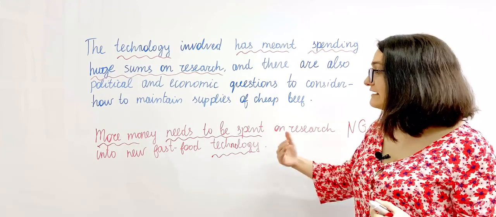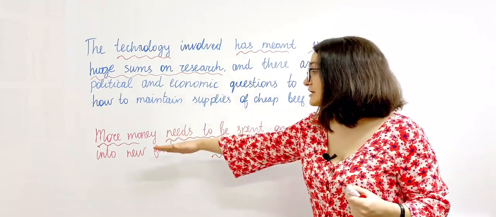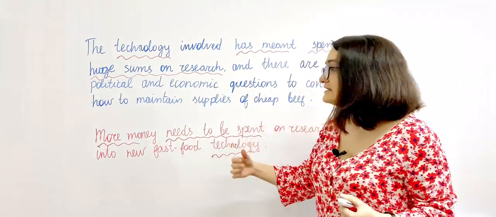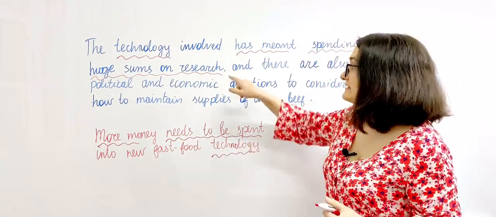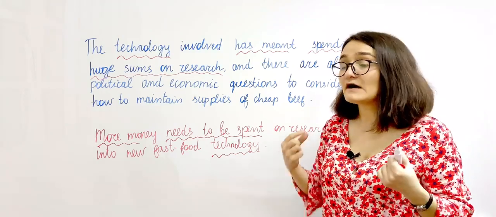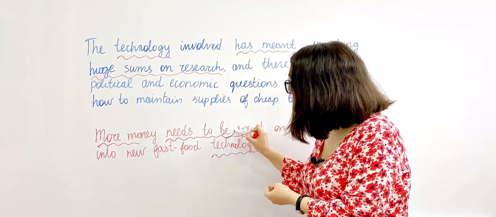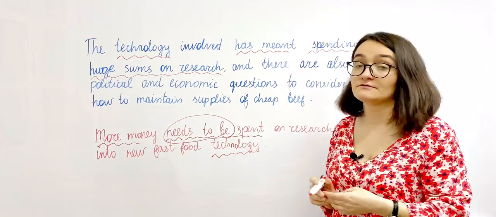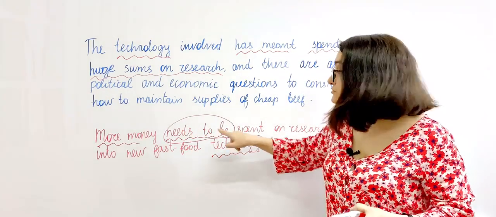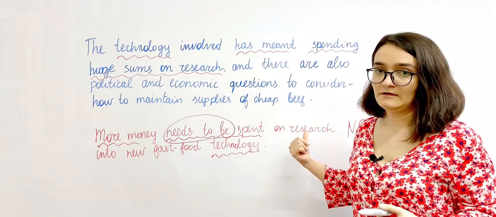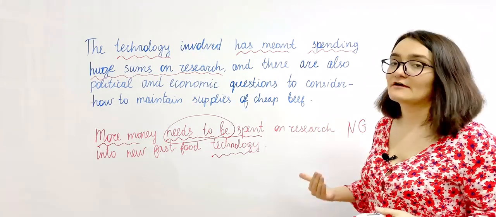Could you see the other parts? New fast food technology, research into, money, spend. These words are given in the passage. But only that part, needs to be spent, is not given in the passage. So because of this, our answer is not given. So be very careful.